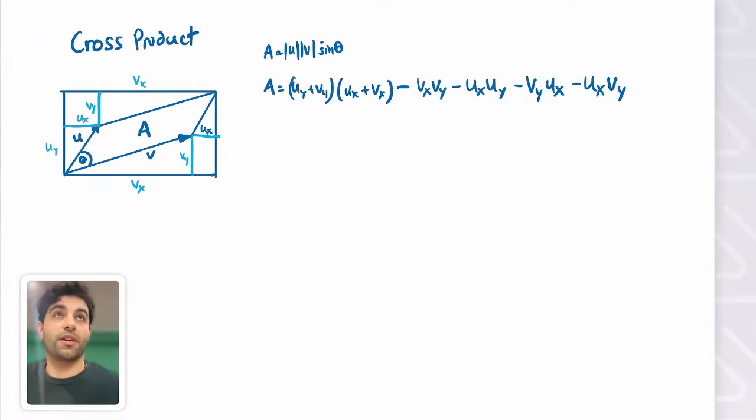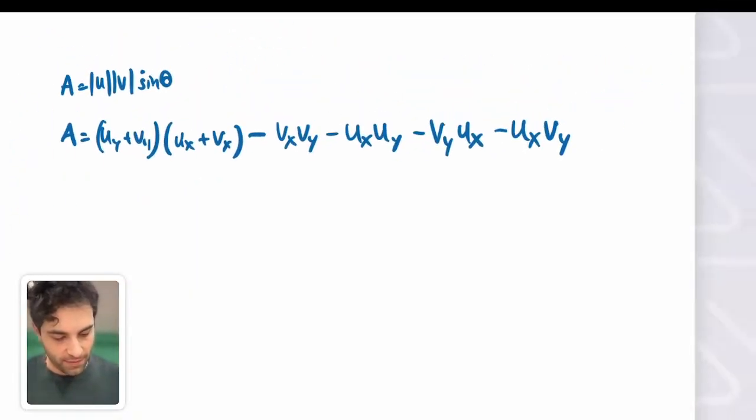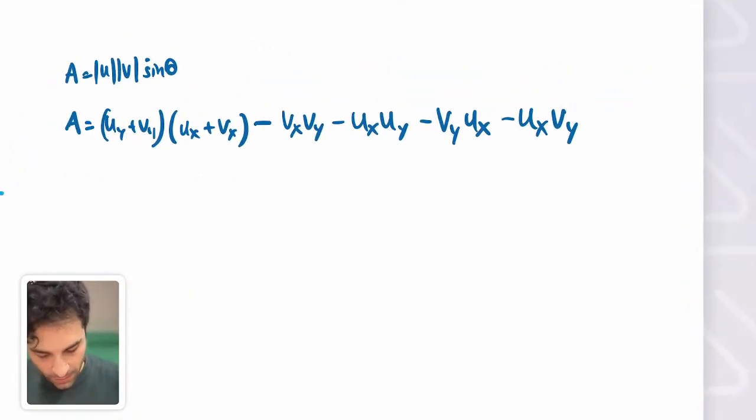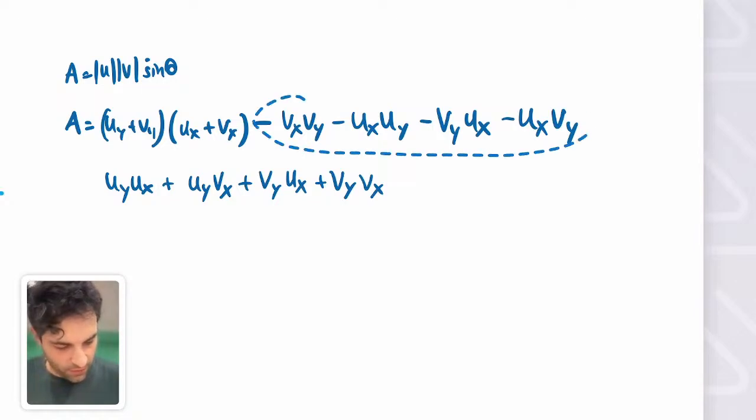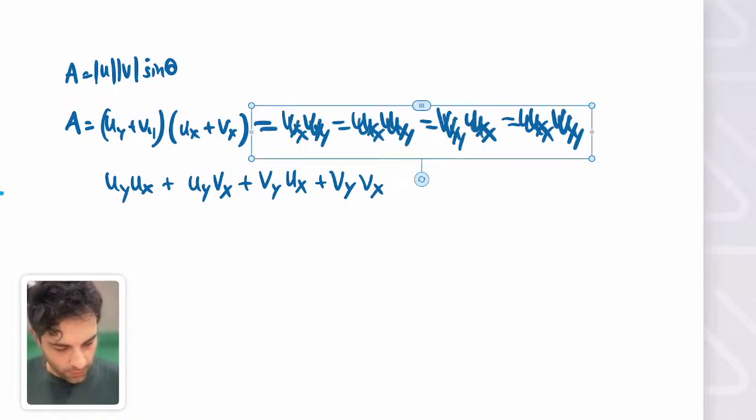And if I didn't screw anything up here and I do the algebra, it should work this time. Is that cool? So what should happen here if I expand this out? Let's be careful this time. Ux plus Uyvx, this is the last time I will try it, plus Vyux plus Vyvx, minus all this stuff.